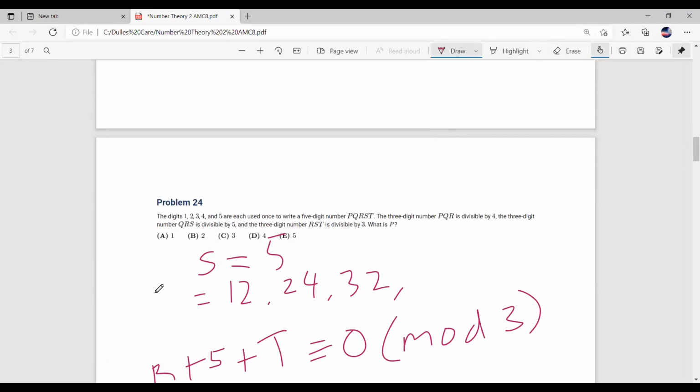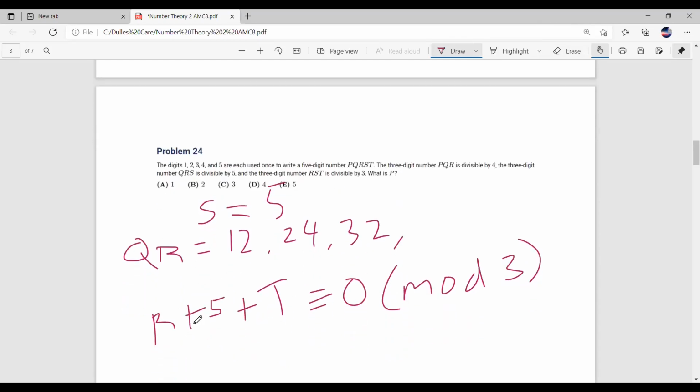I actually wrote this wrong, this should be QR, by the way. Sorry about that. Okay, yeah, it's QR, I didn't make a mistake. So we know that S is equal to 5, and we know that R is either 2 or 4.